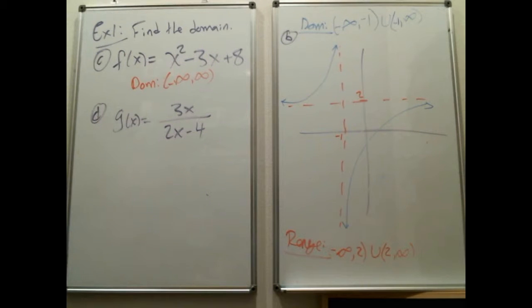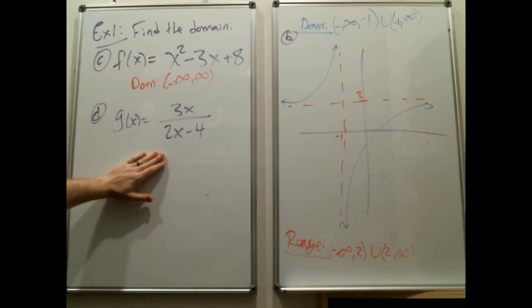Okay, so if we have something like this, you could plug this into the calculator, or if you remember, and if you plug it in the calculator, you'll see that it has a vertical asymptote at x equals 2.